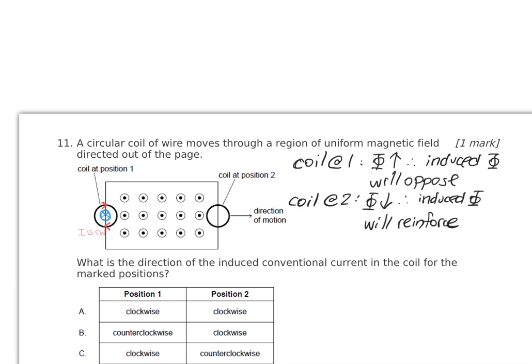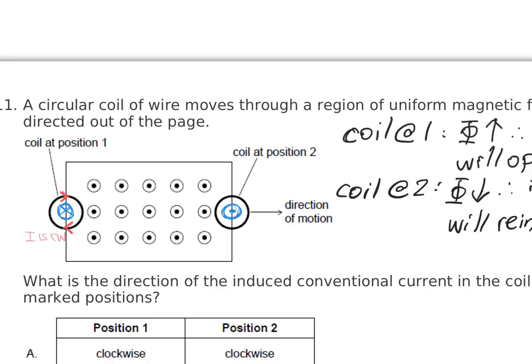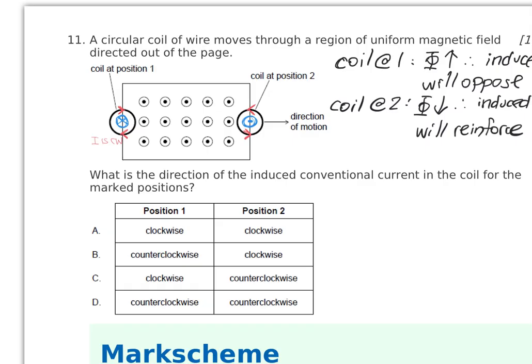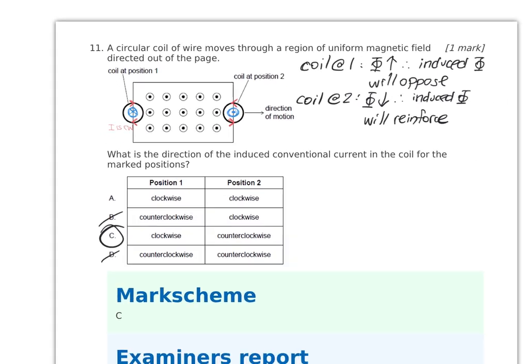So if the coil at 2 has a lowering flux, then the induced magnetic field will reinforce what's already there. That is going to make a magnetic field coming out of the page, and so that current direction is going to be counterclockwise. So in position 1 the current is clockwise, and in position 2 the current is counterclockwise, and that gives us answer C.